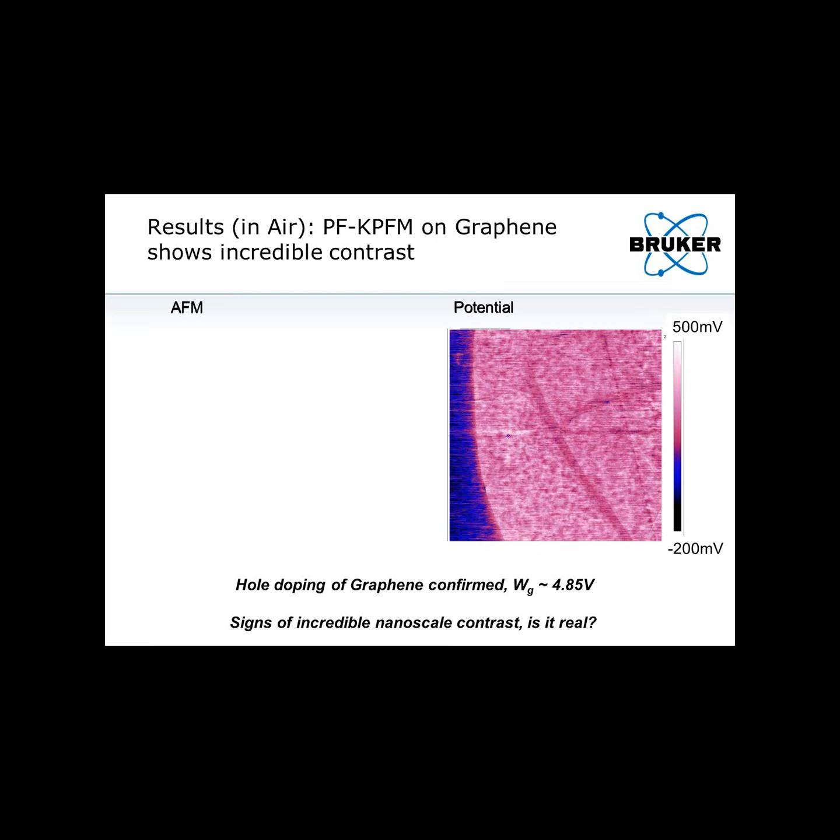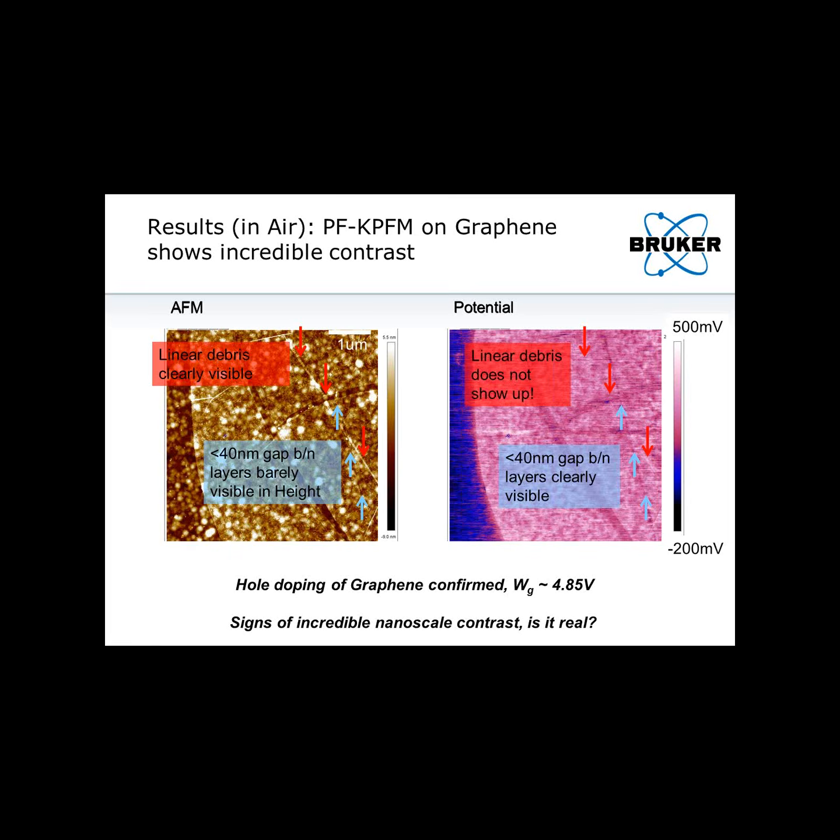So let me show you the first set of data here. On the right, I'm showing the KPFM potential, and I apologize about these labels. They were supposed to pop up a little bit later. On the left you see the AFM image that I showed already on the slide before, and on the right is the KPFM image.